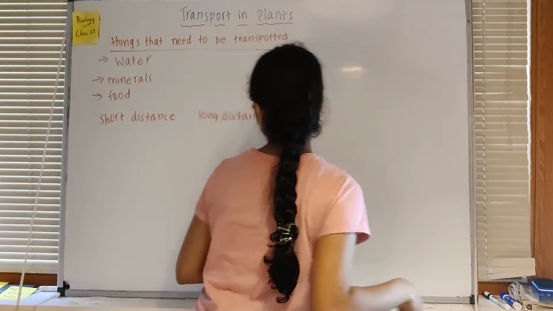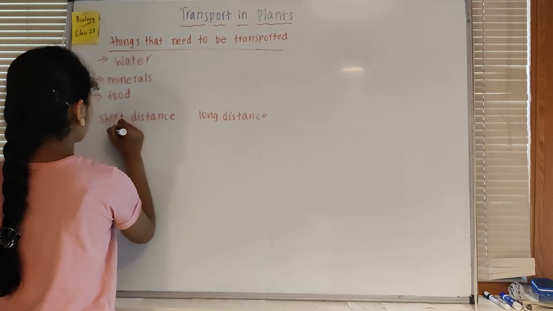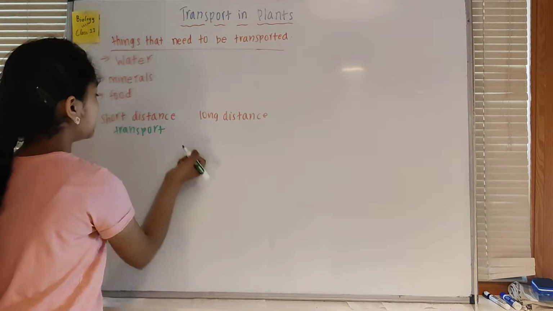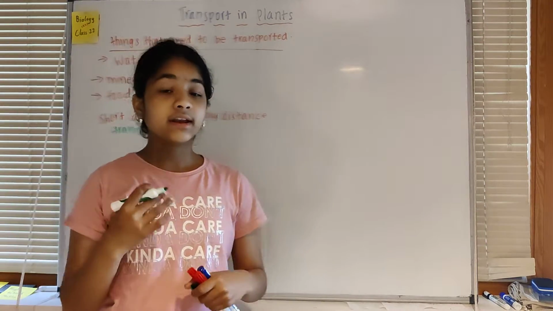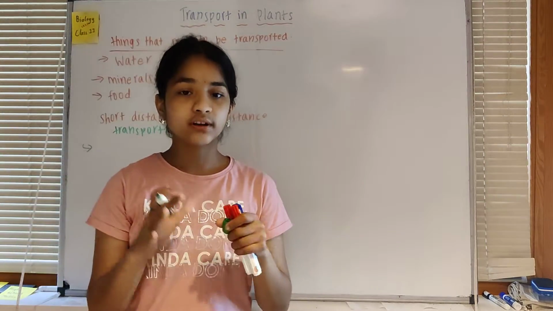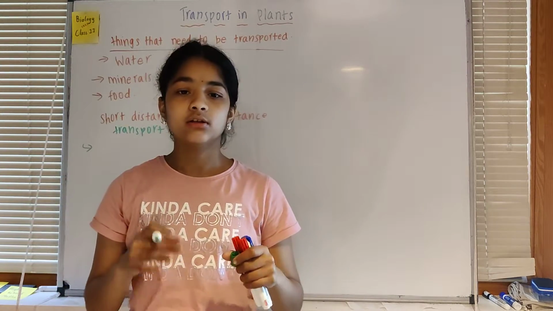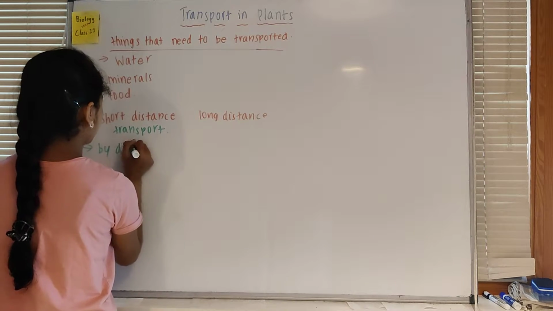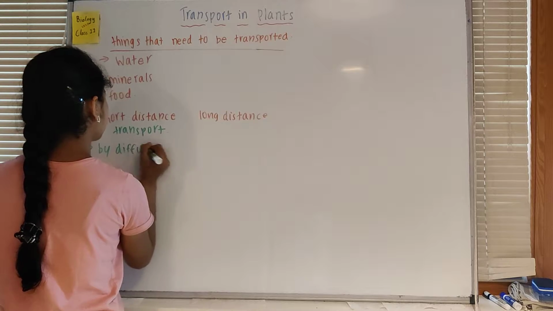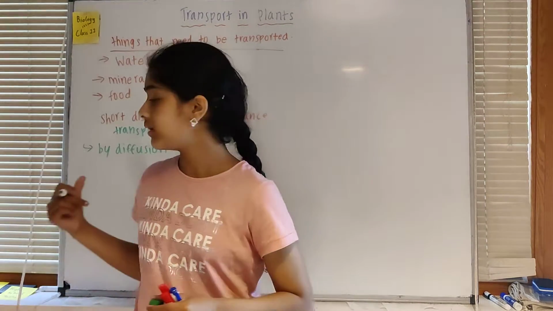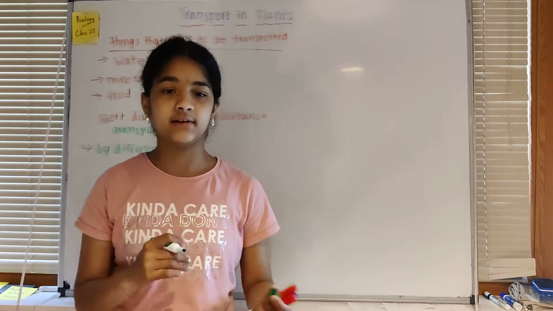As the name suggests, short distance transport is when the transport takes place between cells, or between short distances in the plant body. It occurs mostly by the process called diffusion, which we'll discuss later.